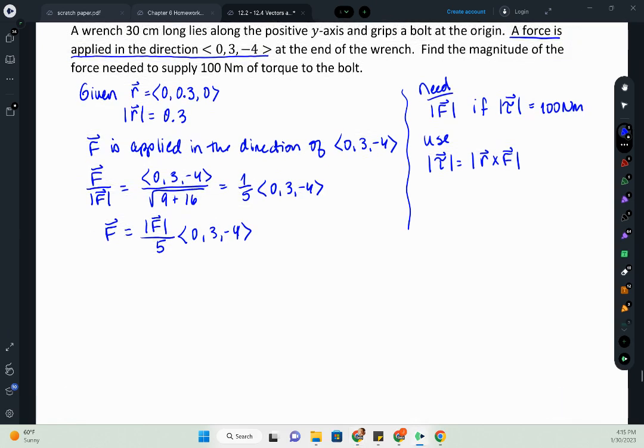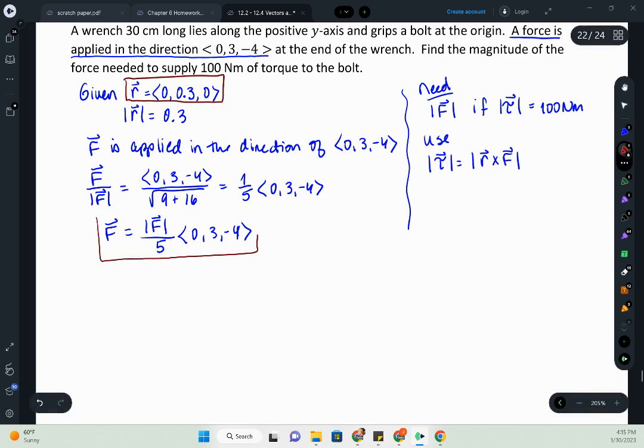Okay, so what I need to do is find R cross F. We have R up here. We have F down here. It's not the nicest looking F, but it'll do. And we're going to find R cross F. Those two vectors are 0, 0.3, 0.